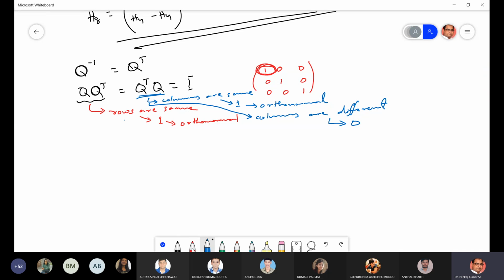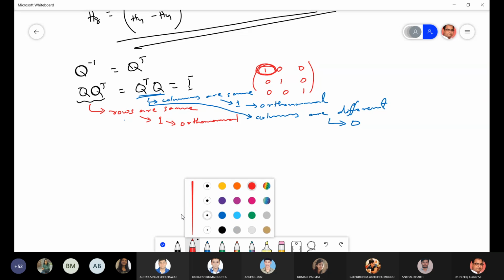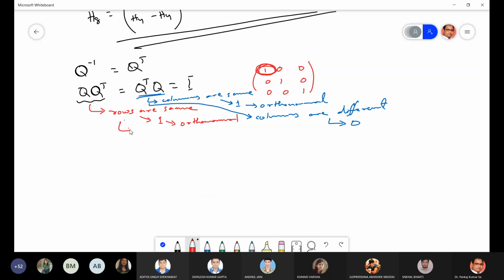Here rows are different, that is equal to 0.